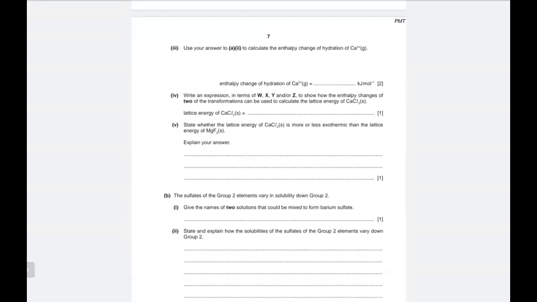Lattice energy is the formation of a solid. The enthalpy change that occurs when 1 mole of solid ionic salt is formed from gaseous ions.